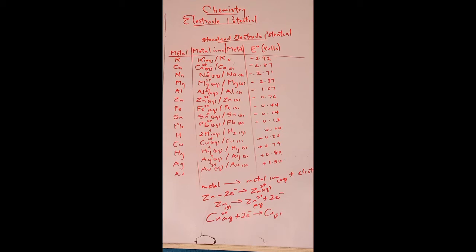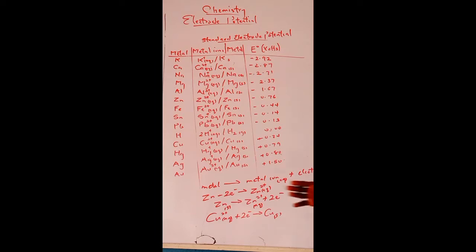So what can we deduce from this? The difference in potential between an element and a solution of its ions, element zinc and zinc sulfate, copper and copper sulfate, between an element and a solution of its ions is called its electrode potential.